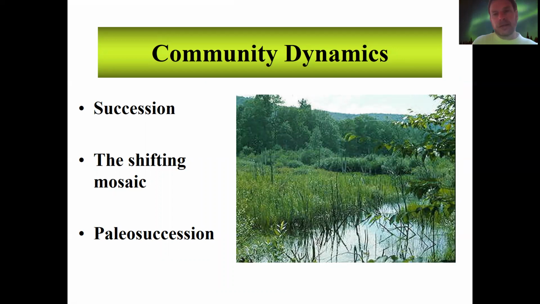Then we can look at dynamics, which means how do communities change over time? When you have a disturbance or a damage to a community, it'll recover. And that process of recovery is called succession. In many cases, it's often difficult to see disturbances happen within a community because they happen at a small scale.